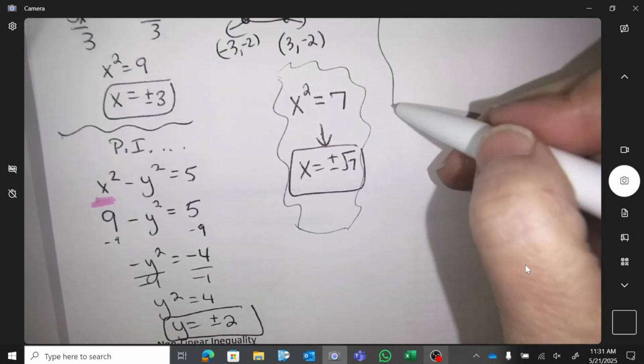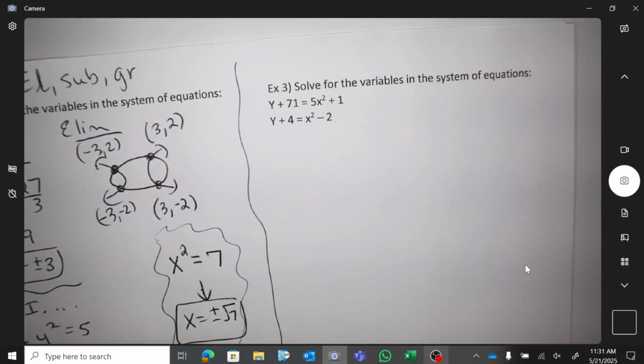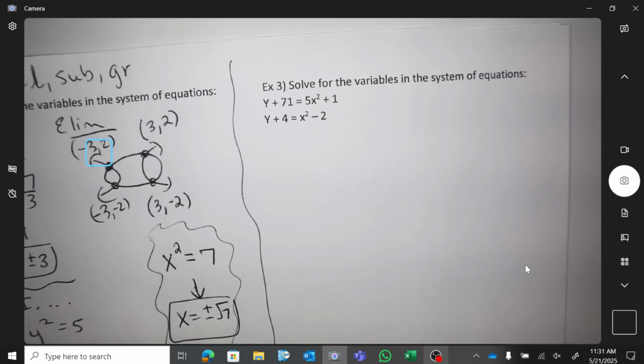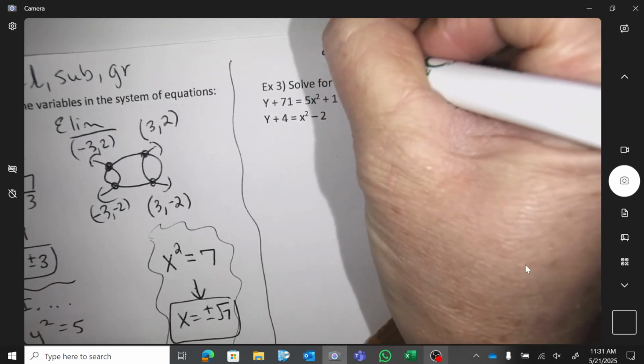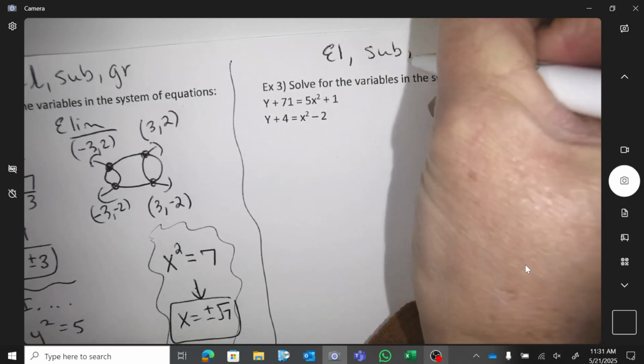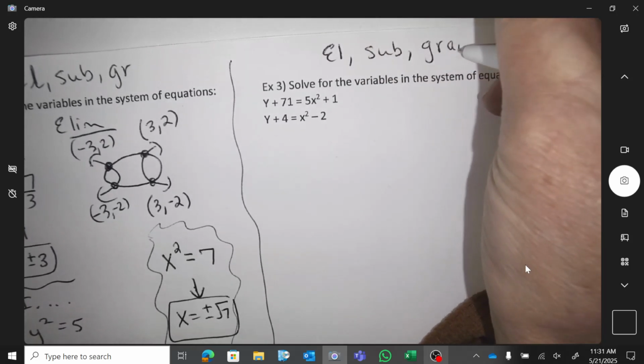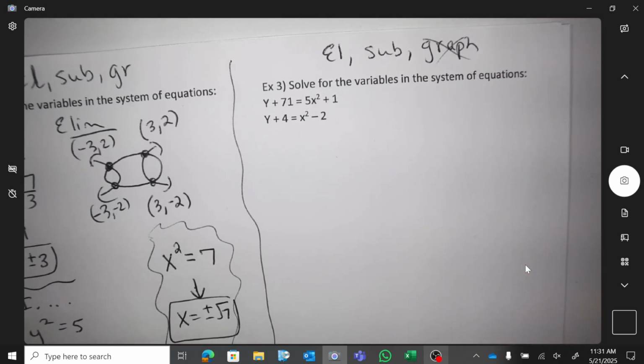Okay, and this is the last question of the day. Okay, we could try eliminating, we could do substitution. I'm guessing no one would really even pick graphing if you had to.